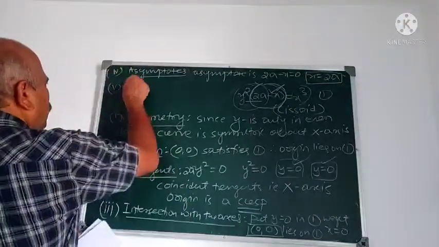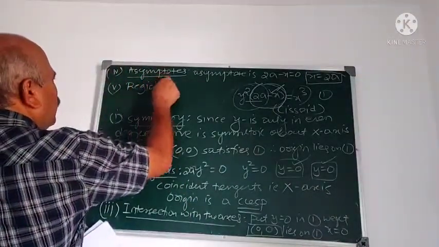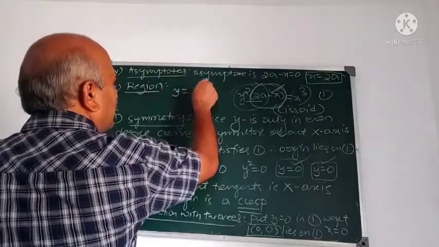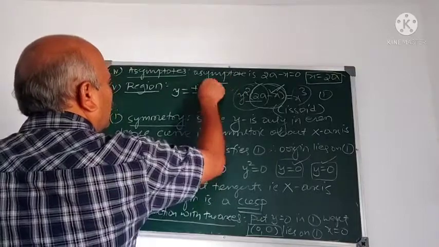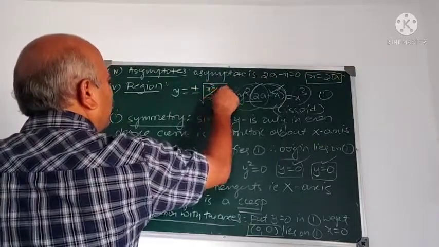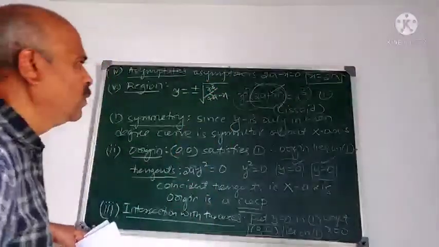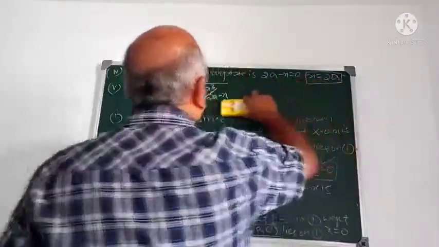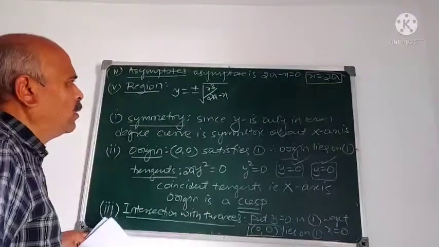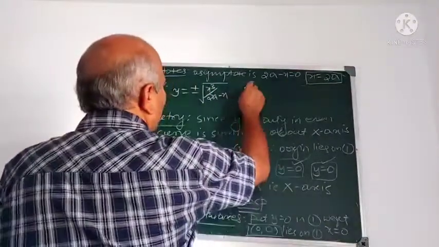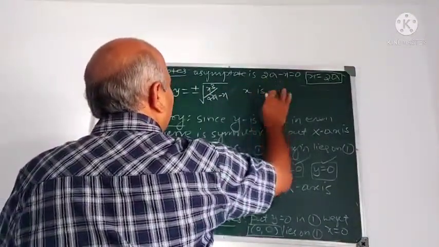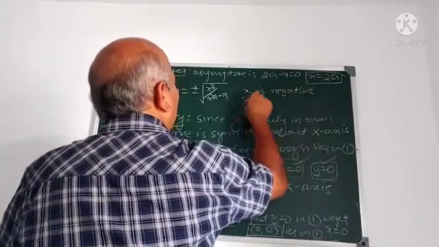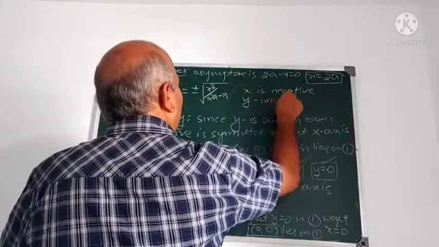Now region: how to find the region? For that we have to solve the equation. y is plus or minus the root of x cube upon 2a minus x. This is the value of y. Therefore, when x is negative, y becomes imaginary.